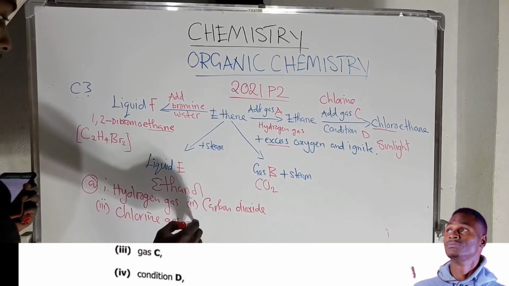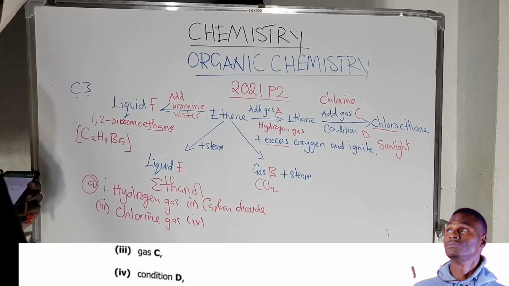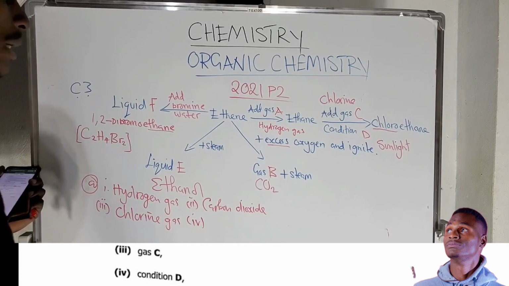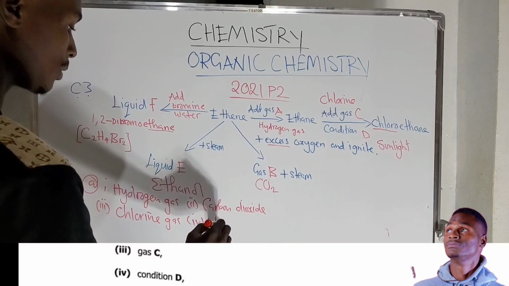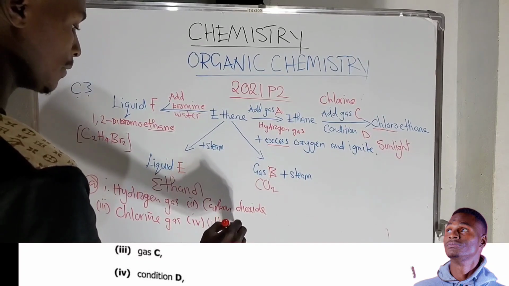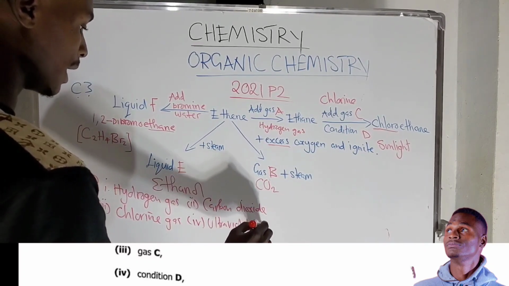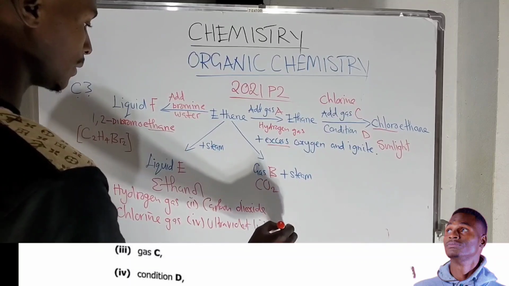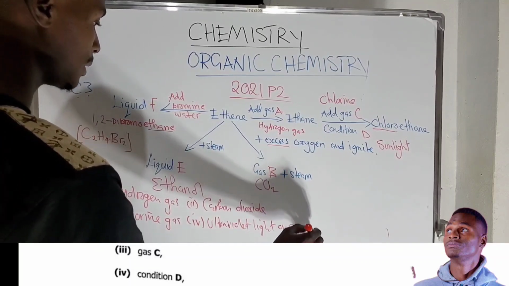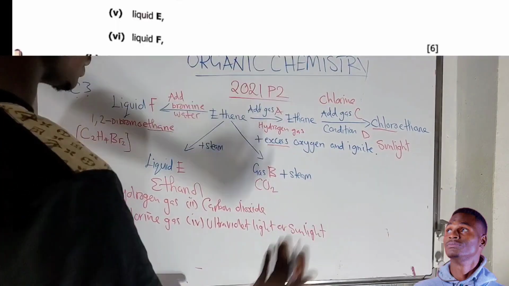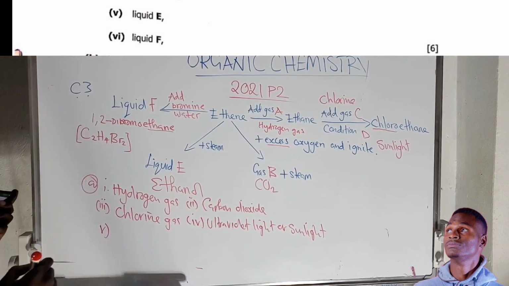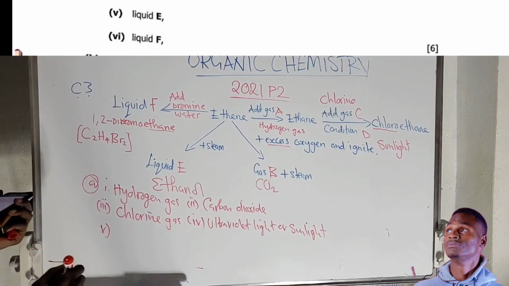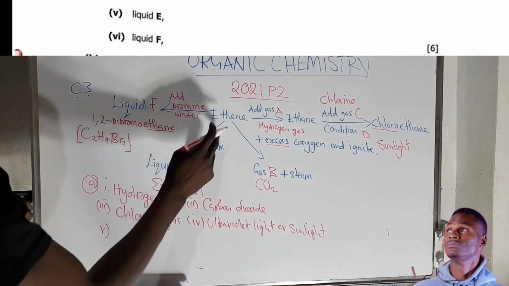Then number four is condition D. Condition D is sunlight or ultraviolet light. That is the catalyst used. Number five, liquid E. Liquid E is here, ethanol.